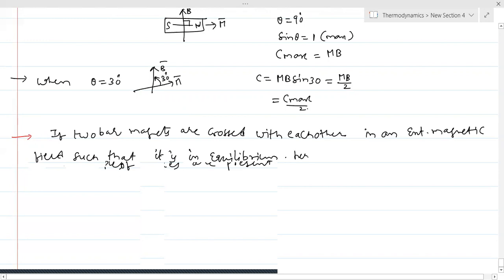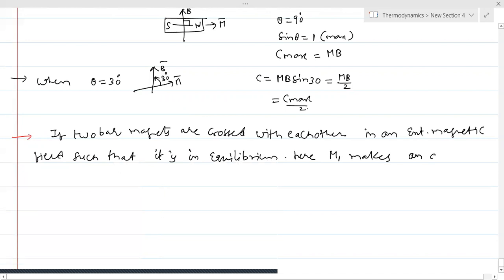So here M1 makes an angle theta with the vertical.